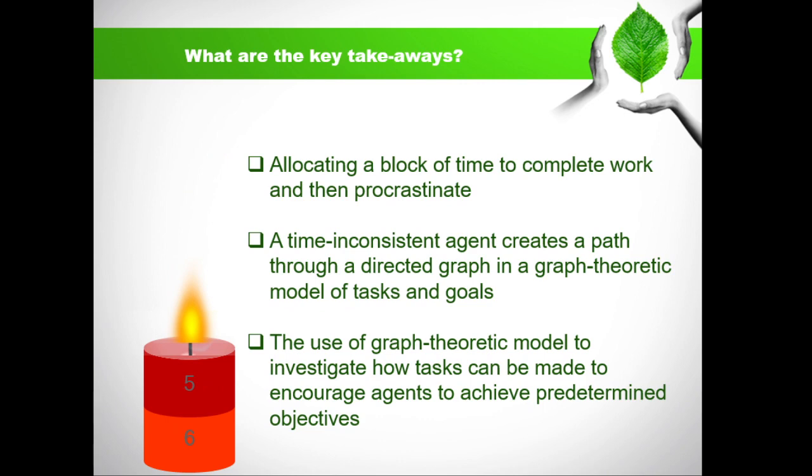We allocate time to complete work and then procrastinate, or we put effort into a project and then fail to complete it. This behavior is inconsistent across time in many settings. Models for this kind of time inconsistent behavior have been developed and analyzed by an active line of research in behavioral economics and related fields.